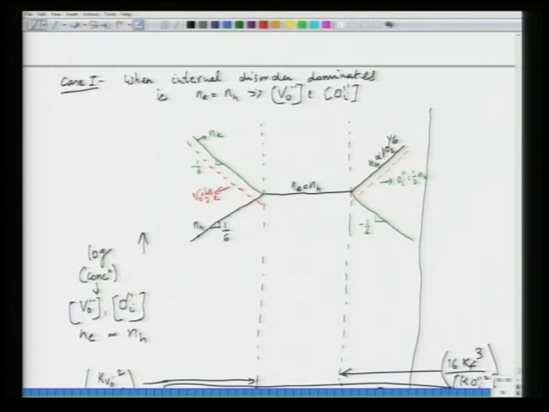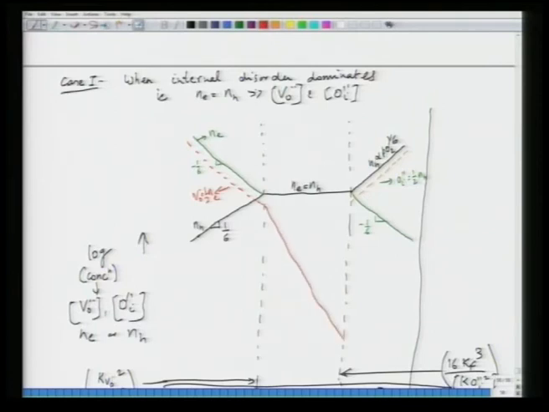Now, how do they vary? We know that in the center region the VO decreases as PO to the power minus half, and OI increases as PO to the power plus half. So, the slope will change here. So, this will become like this.